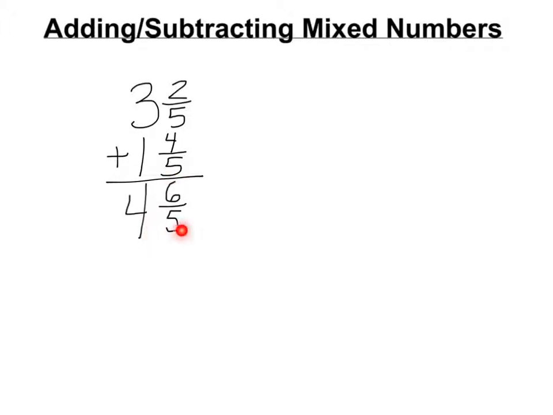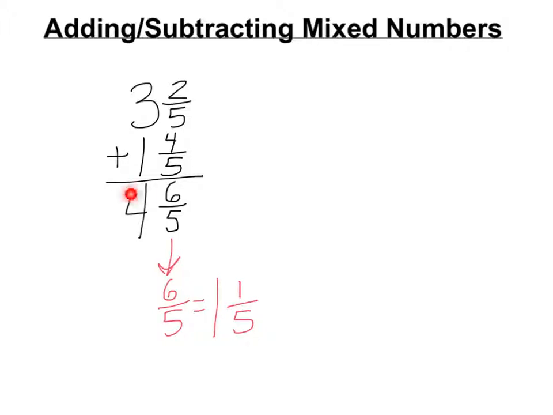Well, I can here. Remember that 6/5 would turn into 1, because 5 goes into 6 once, with 1 left over, and there's still fifths. So 6/5 is 1 and 1/5.